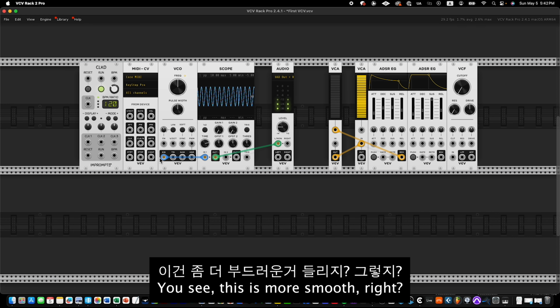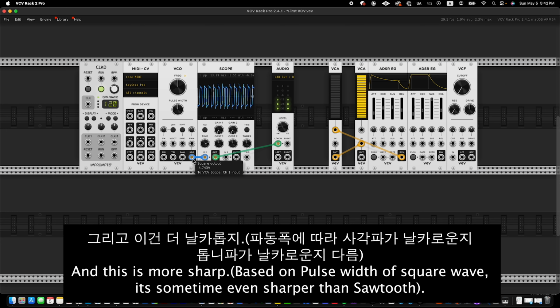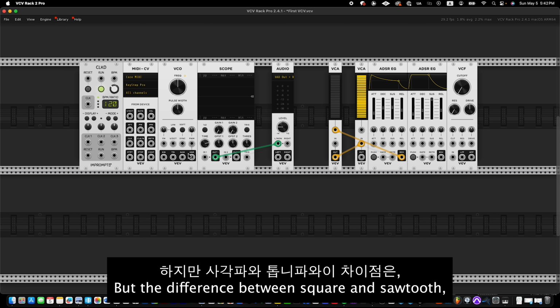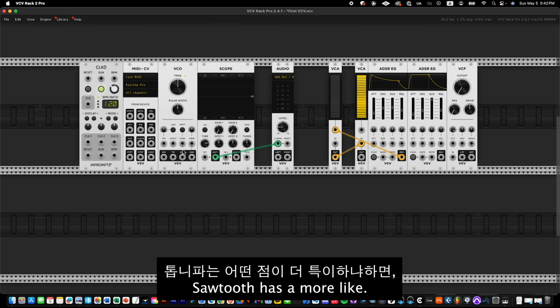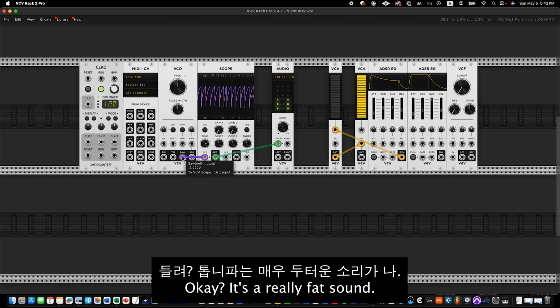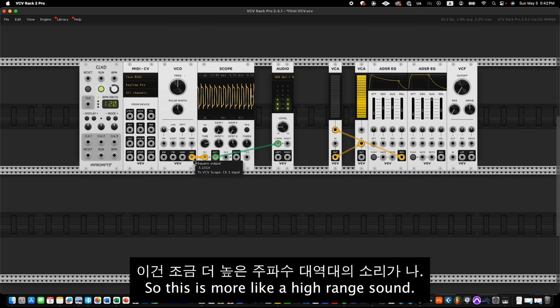This is smoother, and this is sharper, and this is sharper still. But the difference between square and sawtooth is that square is a really fast sound, more like a mid-range sound, and this is more like a high-range sound.